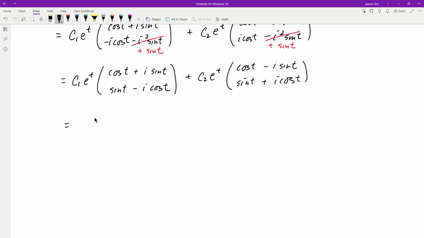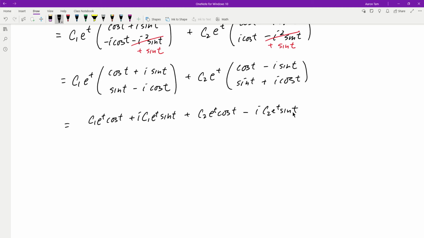So therefore what I have will be C1 e to the t cosine t plus C1, I guess I'll write the i in front, i C1 e to the t sine t plus C2 e to the t cosine t minus i C2 e to the t sine t.